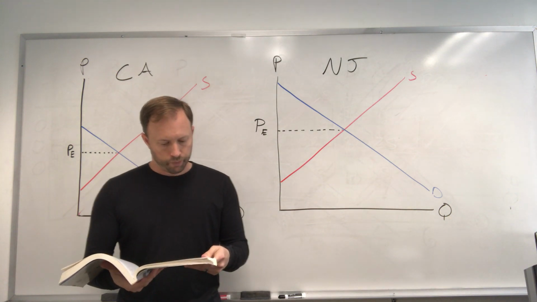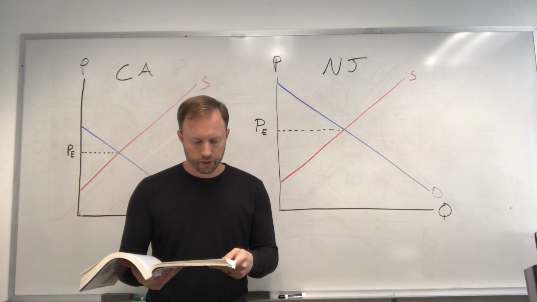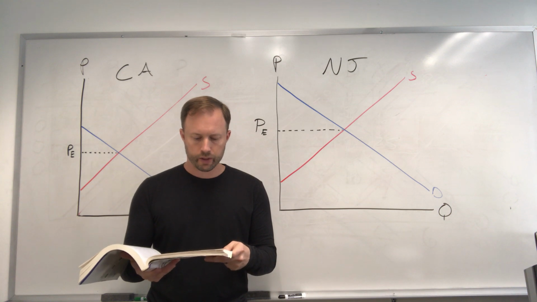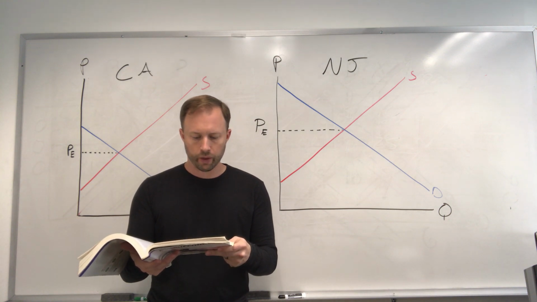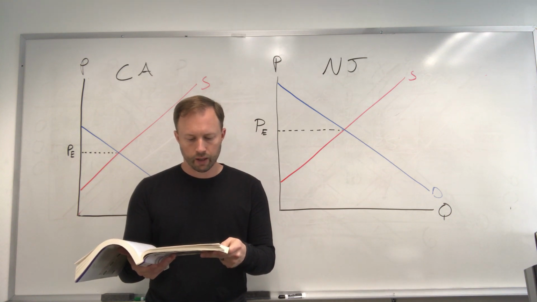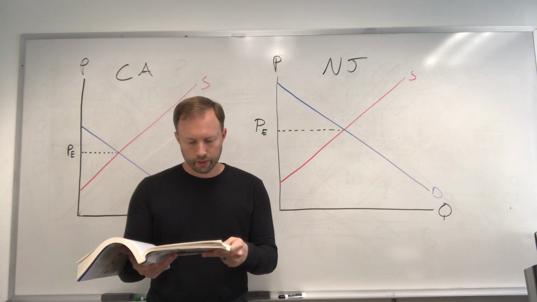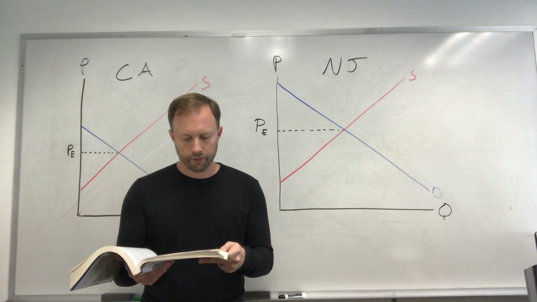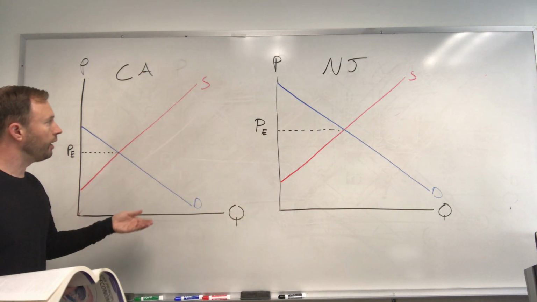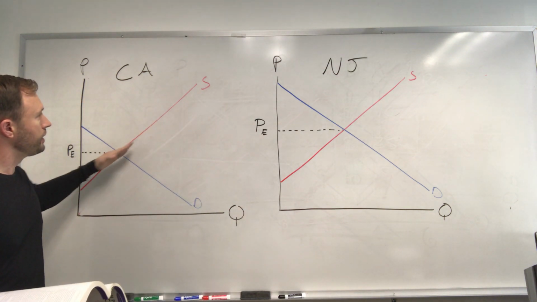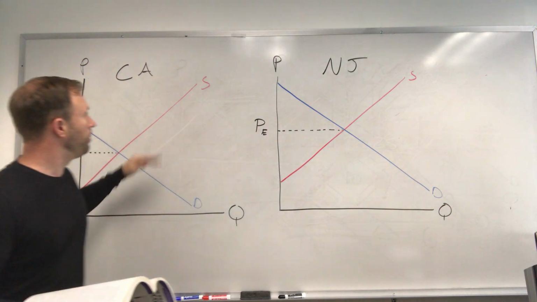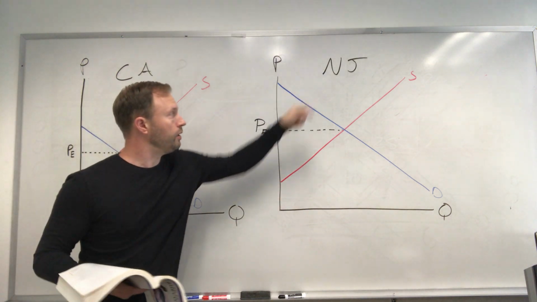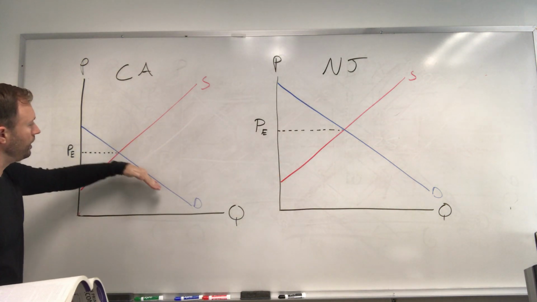Problem number 2. When the United States had price controls on oil and gasoline, some parts of the United States had a lot of heating oil, while other states had long lines. As in the chapter, let's assume that winter oil demand is higher in New Jersey than in California. That's what I've got on the board here. We've got similar supply curves right now in both markets, California and New Jersey, but demand is lower.